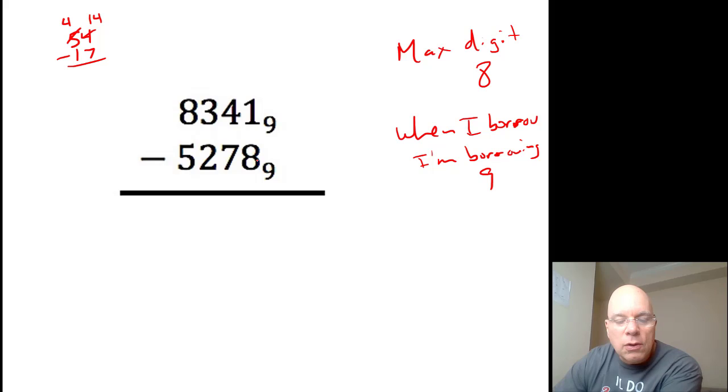When I am trying to subtract this 8 from this 1, and I borrow a 9, the 9 and this 1 are 10 ones, but 10 ones would be represented this way in base 9. It would be a 9 and 1, 1 9 and 1 1. So you do the same kind of thing you do with base 10, but for a different reason.